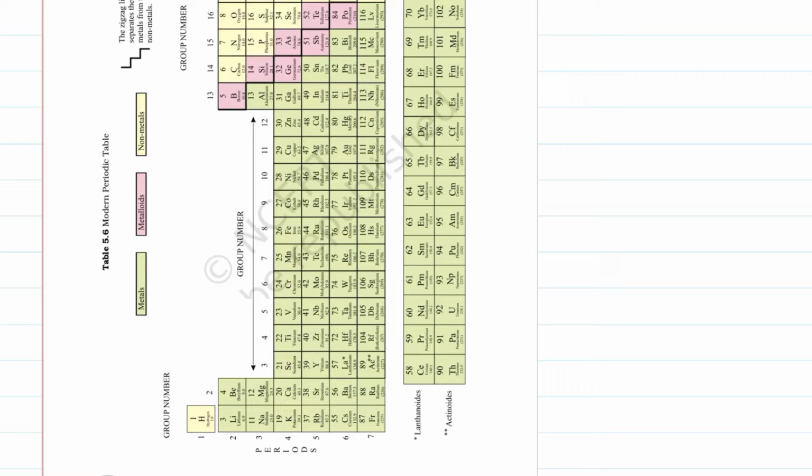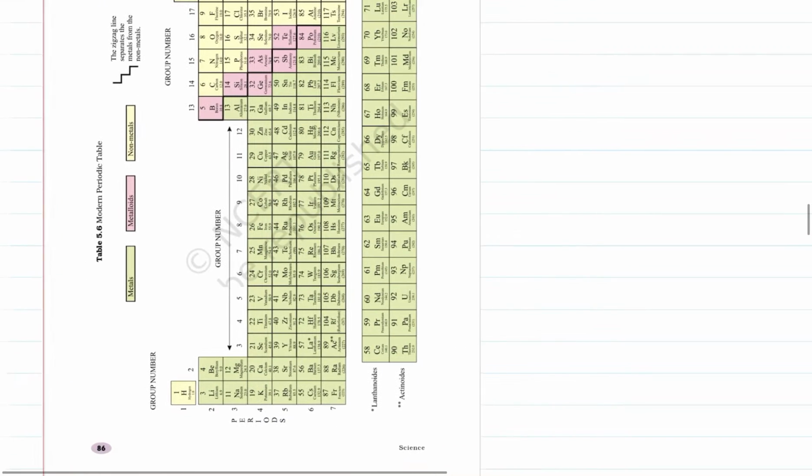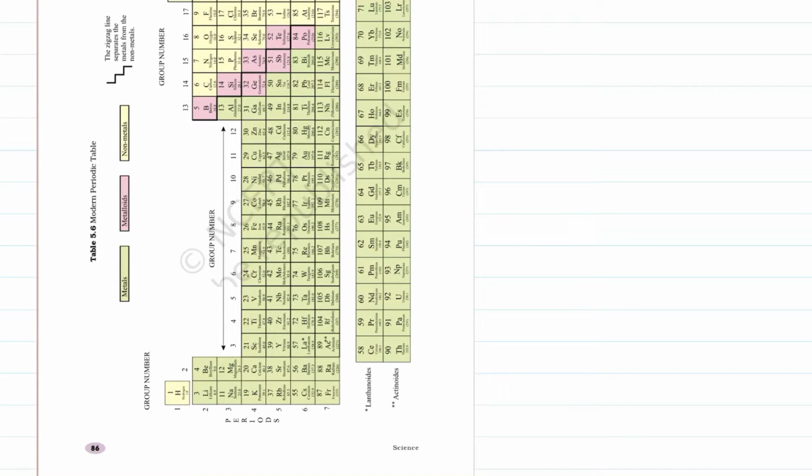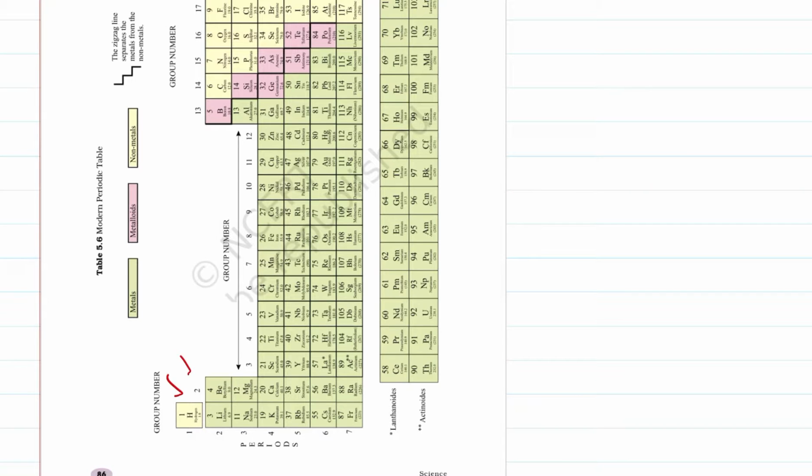In this modern periodic table, if you try to observe, there are boxes. But the number of boxes is not the same in the columns and rows. The columns are called groups, which are numbered 1, 2, 3 till 18. So in total there are 18 groups.